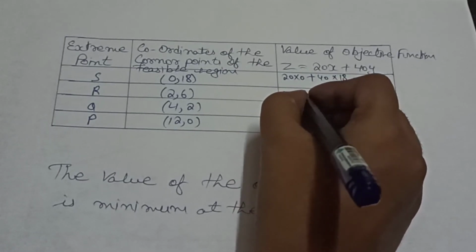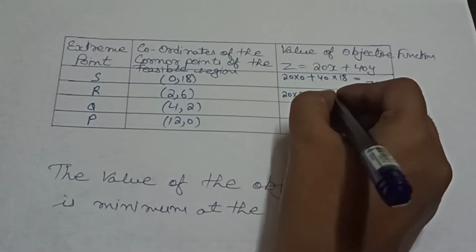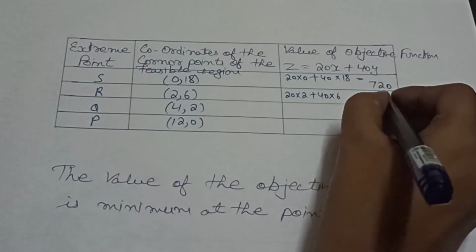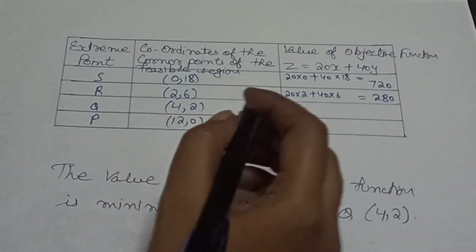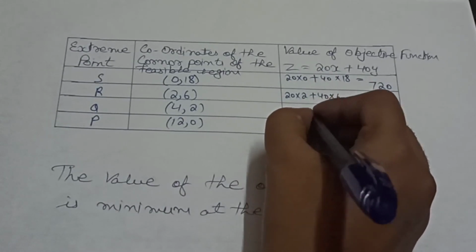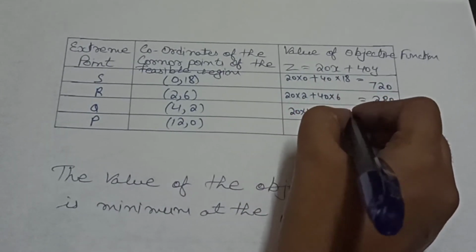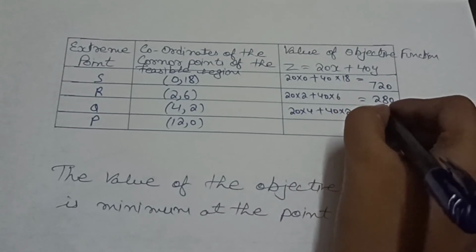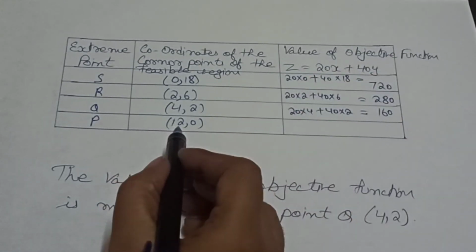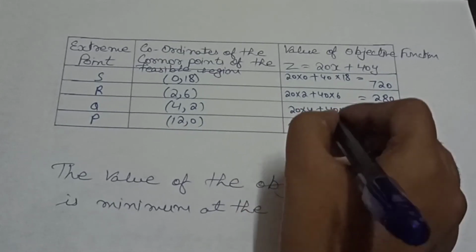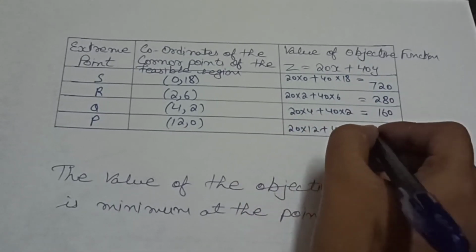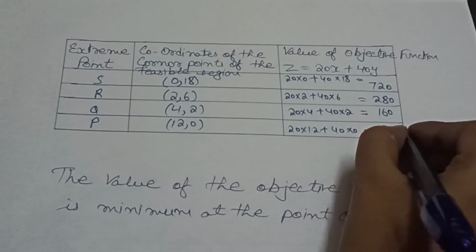So 20 into 2 plus 40 into 6 is equal to 280. For the third point, 4 and 2: 20 into 4 plus 40 into 2 is equal to 160. Here 12 and 0. So 20 into 12 plus 40 into 0 is equal to 240.